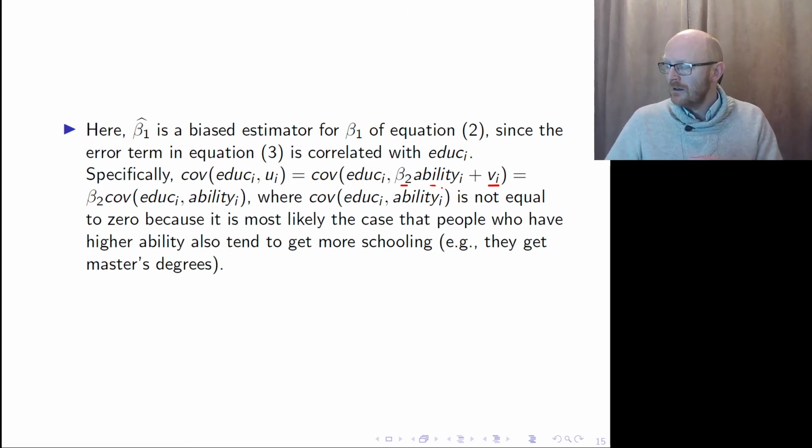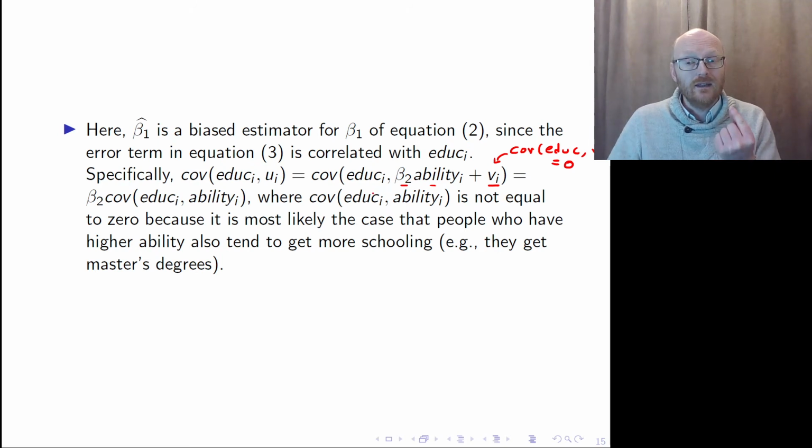And here we can say that the correlation or covariance between education and V, the original residuals, is 0, so it falls out of the covariance equation, and this beta 2 is a constant.